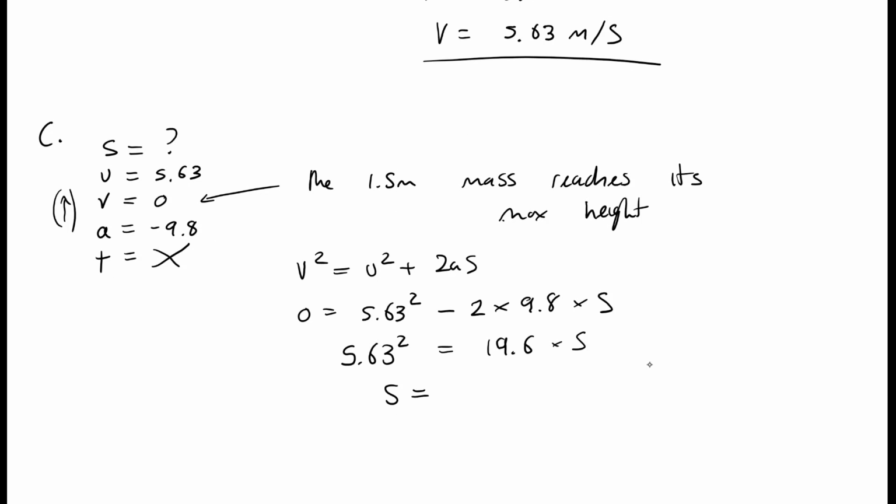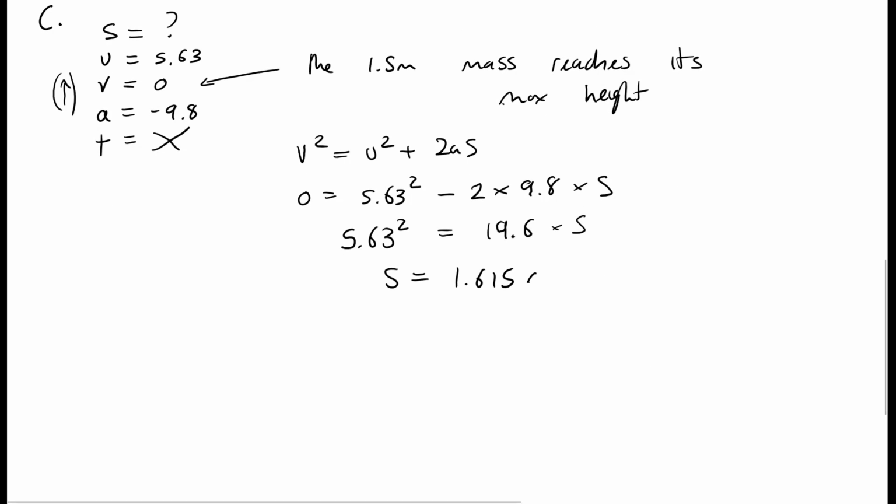Calculate s. S is equal to 1.615 meters. So in addition to being pulled up 3 meters while there's still tension in the string, i.e. while the 5 m mass falls down by 3 meters, it also travels up 1.615 meters.